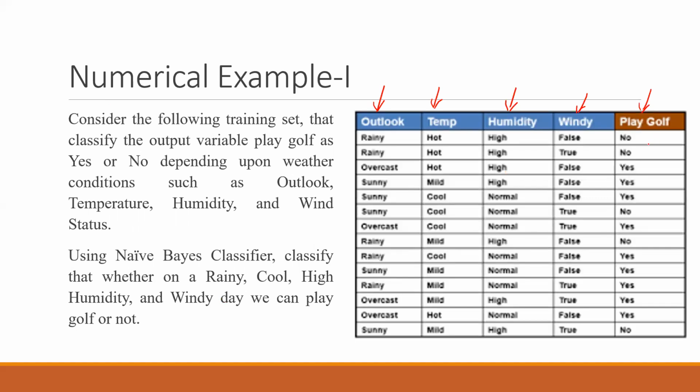You have to train on this model, and hypothetically you will be given the values of outlook, temperature, humidity, and windy. These 4 variables will be given to you, and you have to tell yes or no, whether you have to play golf or not.